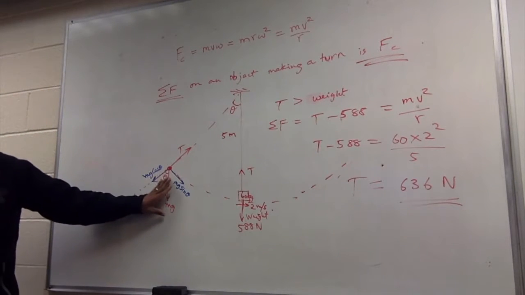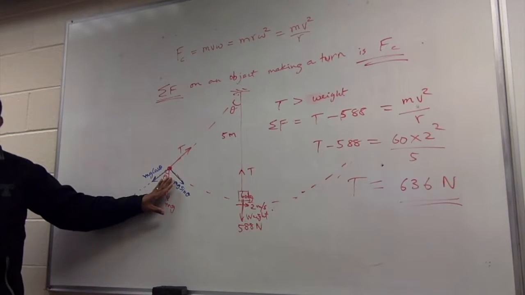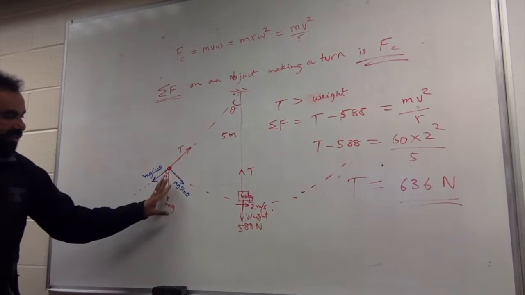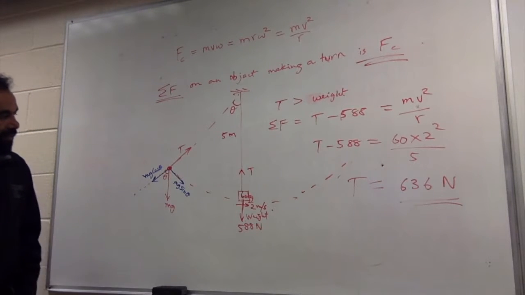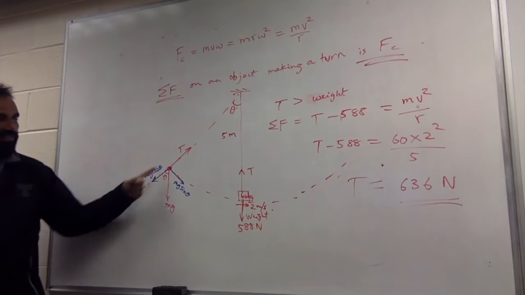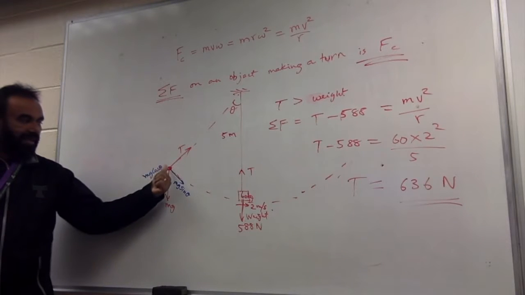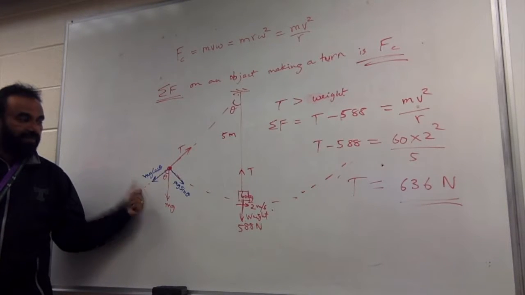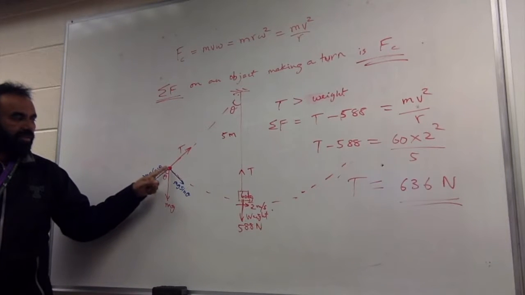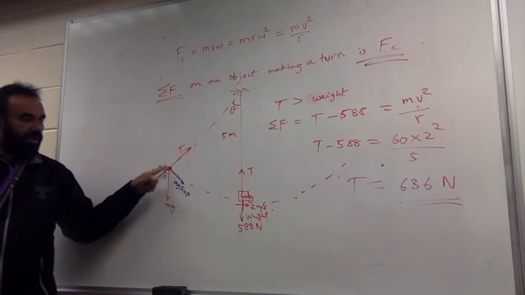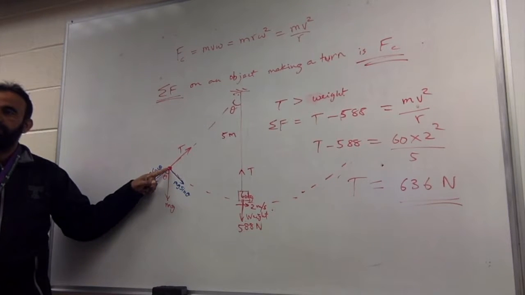Now you can just ignore this mg completely because we already split it into the two components. So we have tension pulling it this way, mg cosine theta pulling it this way, and mg sine theta pulling it this way. What do you know about this person? Is he moving that way or that way at this point? Neither.